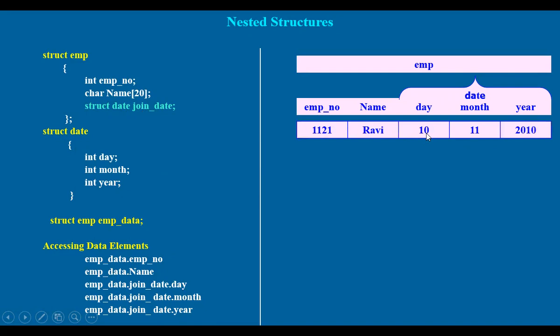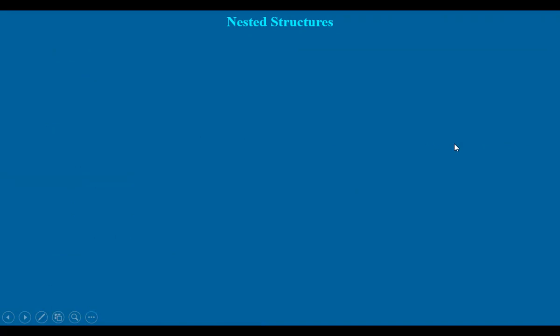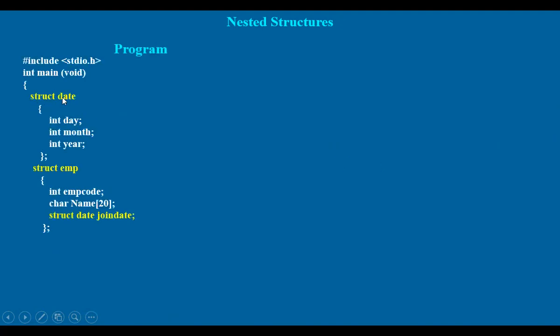Now, if you observe, these two are the fields in the main structure, and these three are related to this particular structure, which is a different structure. Okay, so now let's see one example here. We have taken a structure date, and we are going to use this structure named date inside another structure named EMP.